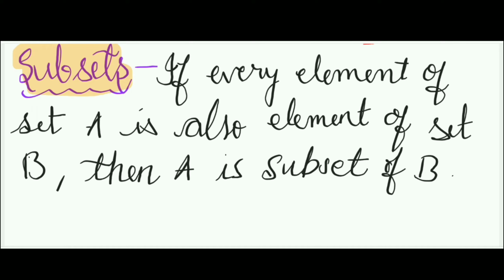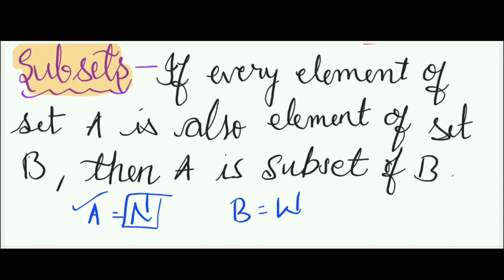First we see that every element of set A is also an element of set B. So suppose I take set A as the natural number set and set B as the whole number set. Then you can observe that whatever elements are present in set A will be present in set B, but these both need not be the same, right? Now I will write it clearly.